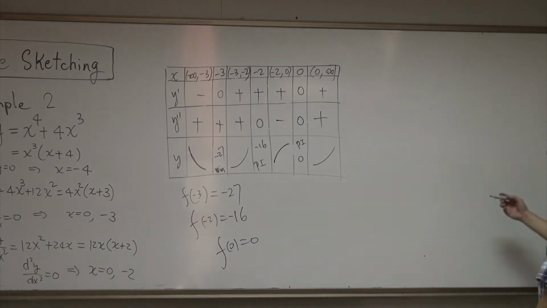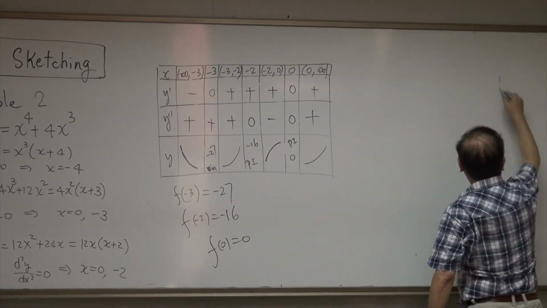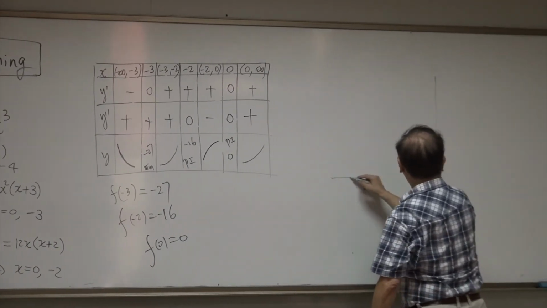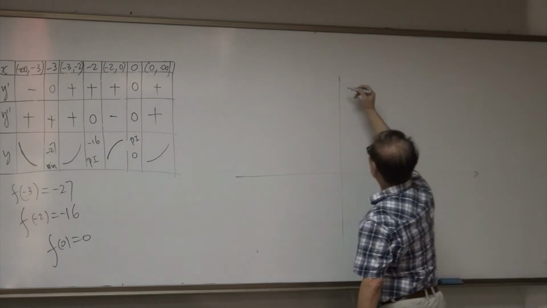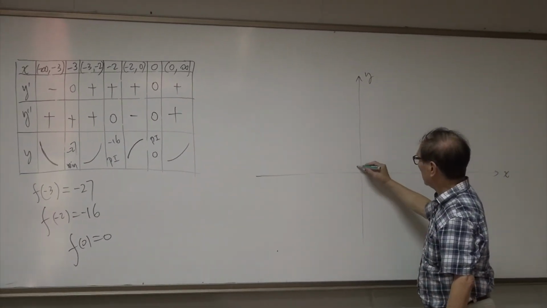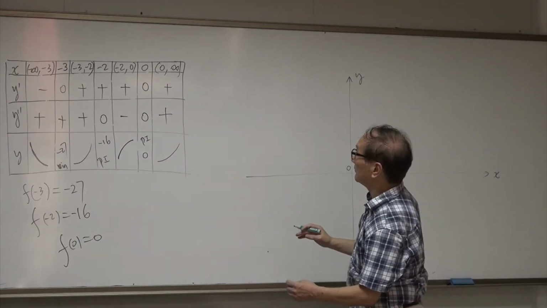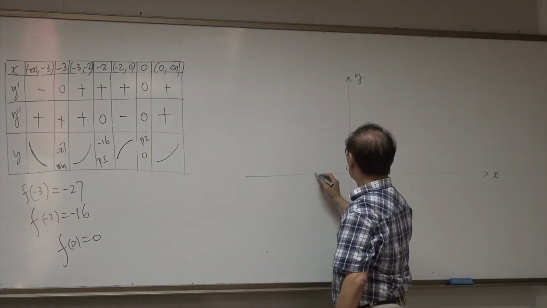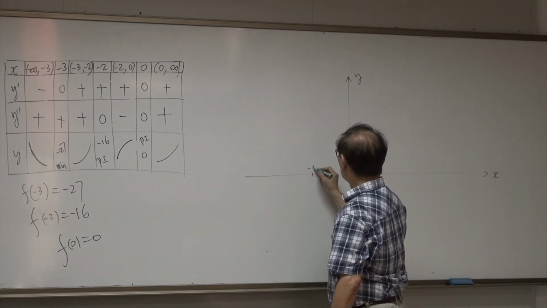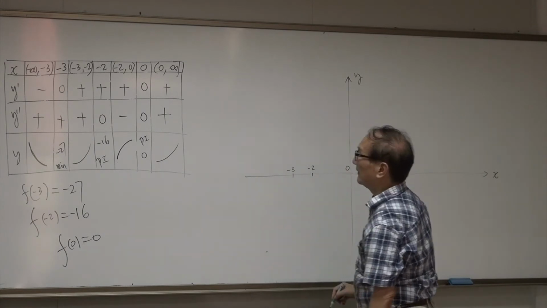Okay. Then we can join the pictures nicely. This is y, this is x, this is 0. And let's plot some important points, minus 3, minus 2. This is minus 2, right? Minus 2, this is minus 3. Minus 3.